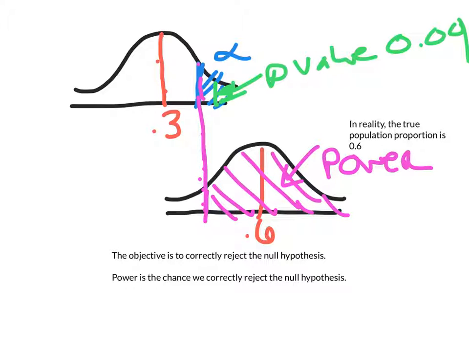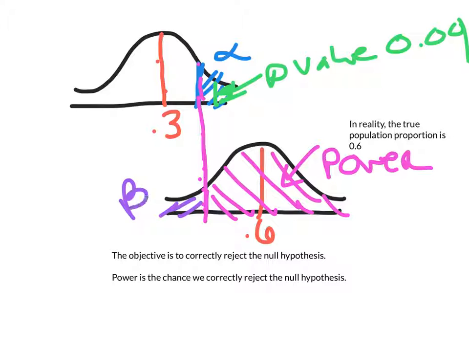In other words, we should have rejected the initial curve, which we did because our p-value is very small, for the second curve that has a new higher percentage. And the resulting area that is to the right, because I chose greater than, of the alpha value is known as power.